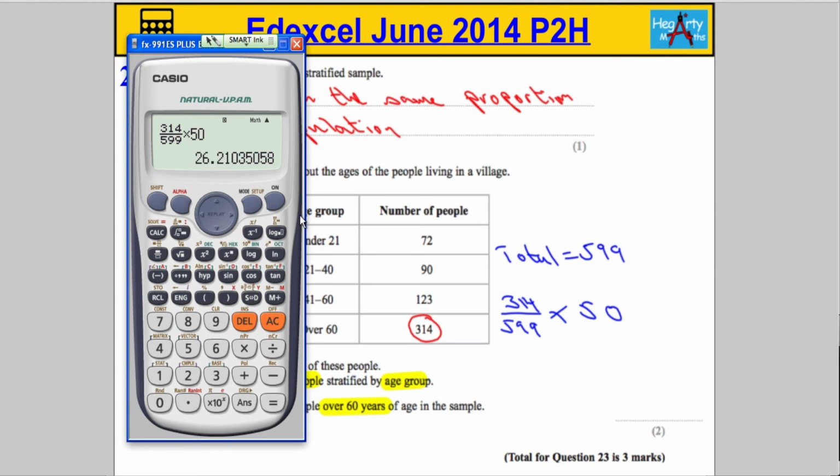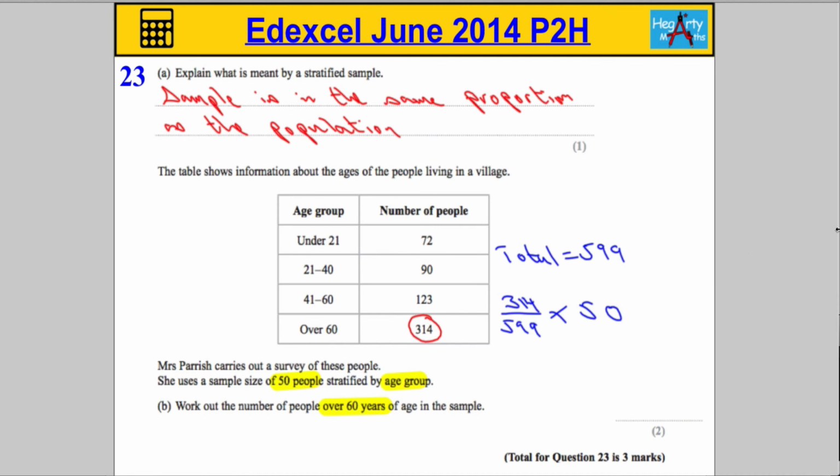We can't have 0.2 of a person, so we're going to say 26. So we got 26 people in the sample. And if you think about it, that roughly makes sense. Approximately half of the people are over 60. Now, if I'm going to ask 50 people, around about half of them should be over 60.